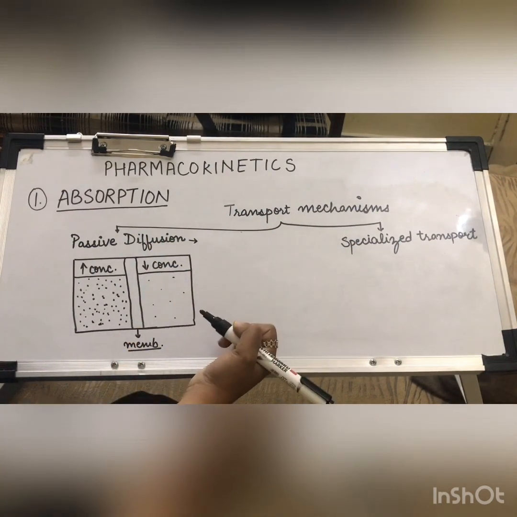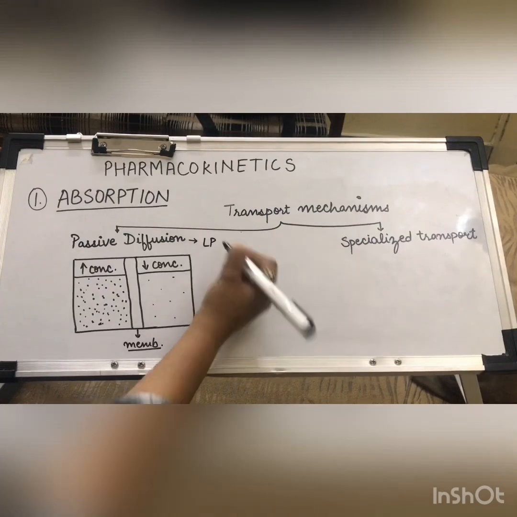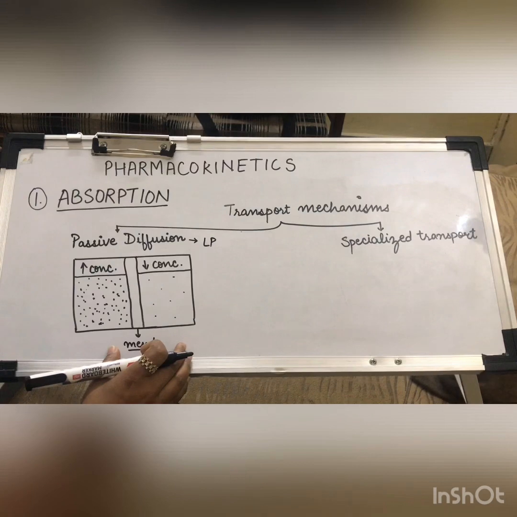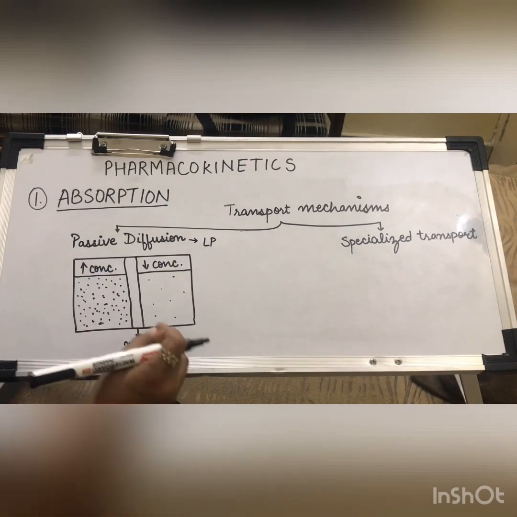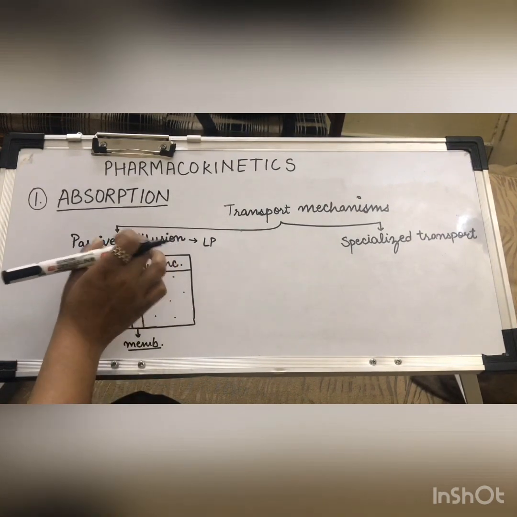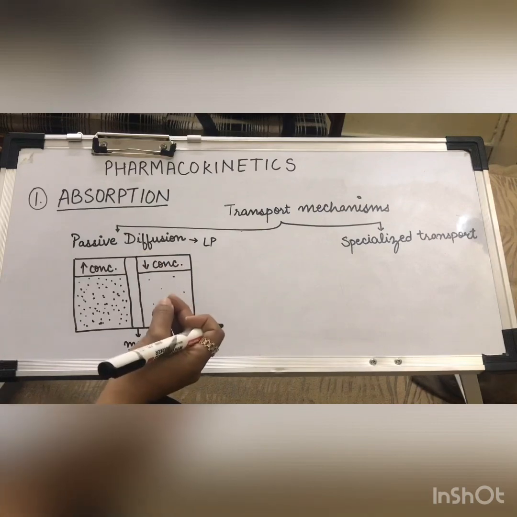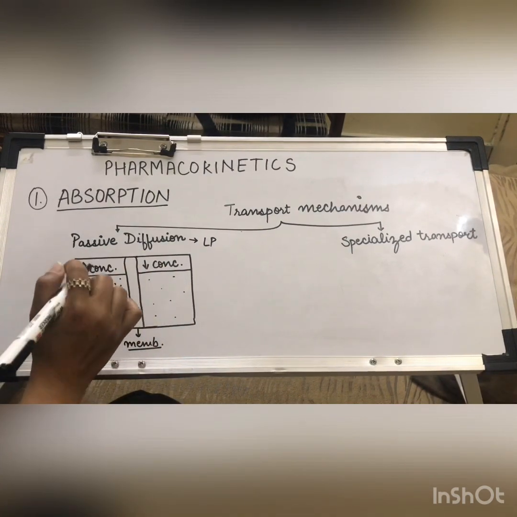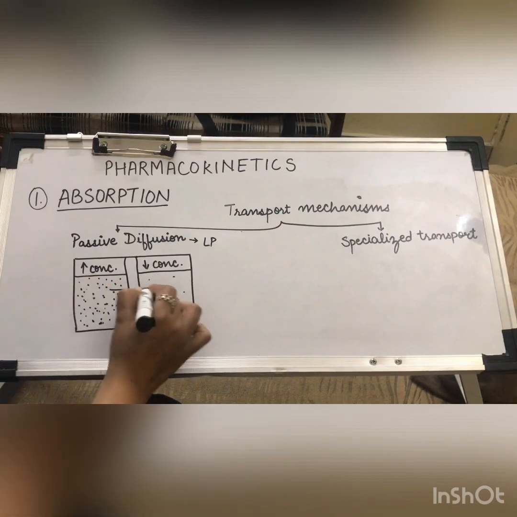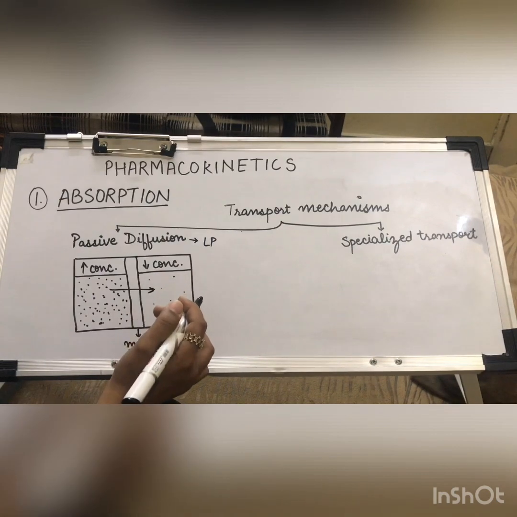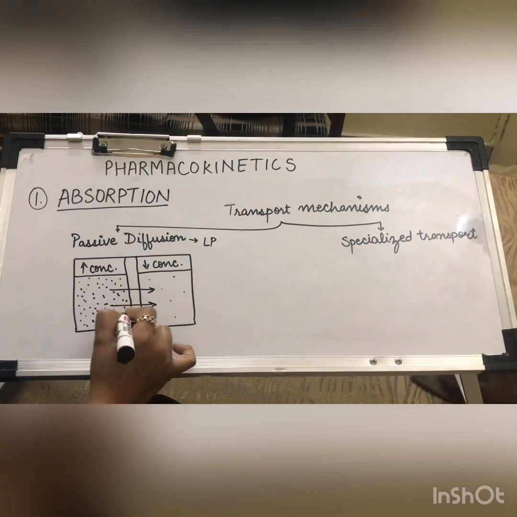Passive diffusion is for lipophilic molecules, because our membrane is lipophilic in nature, so lipid soluble drugs can easily cross this membrane. And for passive diffusion, there will be no utilization of energy or ATP molecules. The drug diffuses across the cell membrane in the direction of its electrochemical concentration gradient.